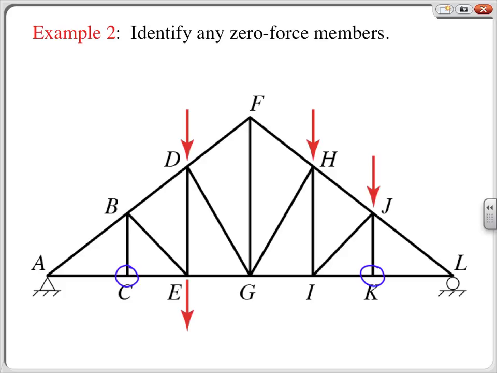To determine if there are any other zero force members, re-sketch the truss with the previously identified zero force members removed, or just crosshatch out the zero force members as they have no impact on equilibrium.